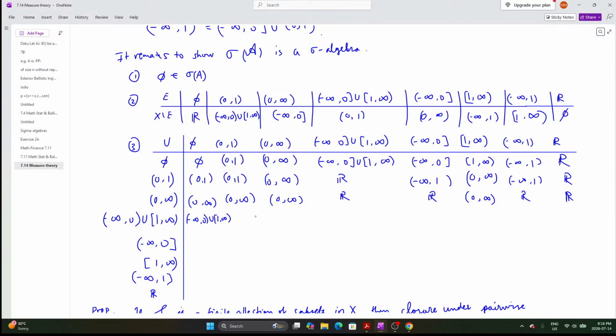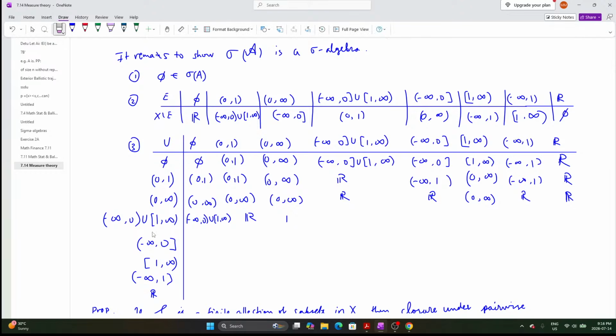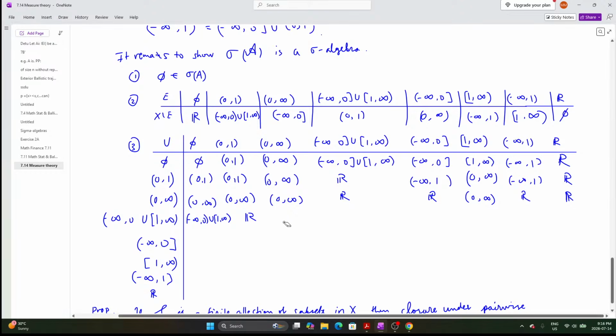Okay, and this is real. Hold on a second. What's going on here? Oh, actually, I copied it wrong. This should be a closure. This should be a square bracket here. Otherwise, if it's open, then union with this one gives you R minus 0. That's wrong.